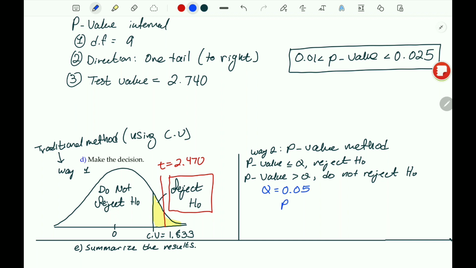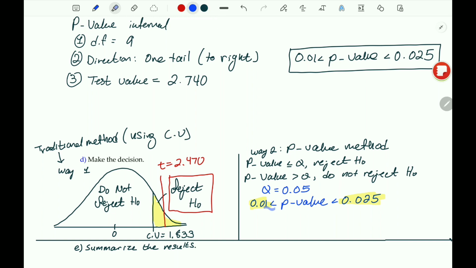The p-value interval is from 0.01 to 0.025. If you notice, both of these numbers are smaller than 0.05.